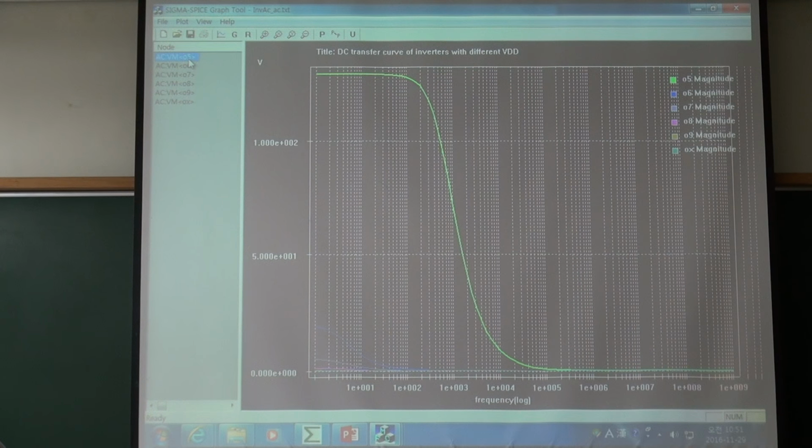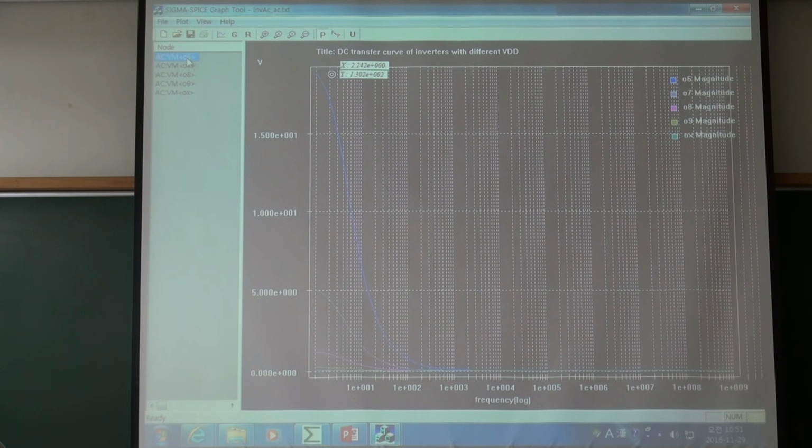And then this is 1 volt, right? So this should be 0.5 volt, is it right? No? 1, 2, 3, 4, 5. Oh, this is 1 volt. With VDD at 1 volt, my DC gain is 130, pretty large. Okay, I kill 1 volt. So this 0.5 is not very good, right?